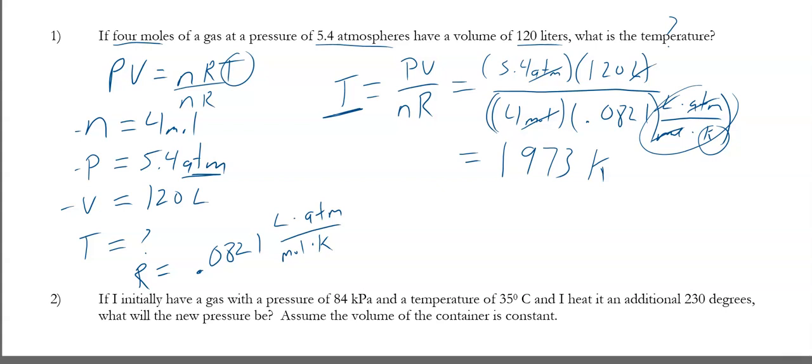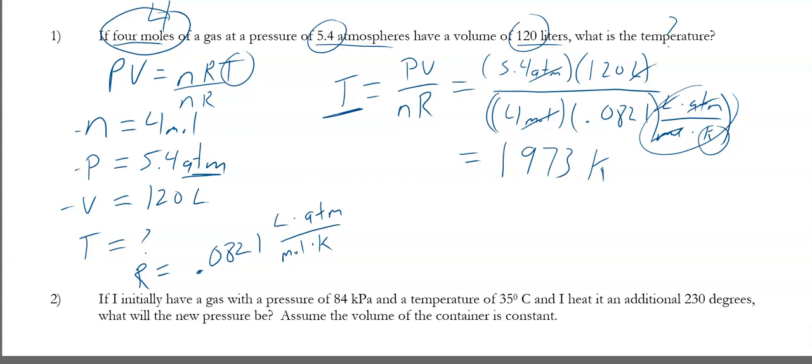Now, one thing we want to be paying attention to is significant digits here, which is a little bit of a problem because we have 4 moles as a word instead of an actual number. So if we write that, I guess we could assume it's 4. Maybe it's a counted number and we have an infinite number of zeros on the end there. At the least, we should have only 2 sig figs because 5.4 and 120 are both 2 sig figs.